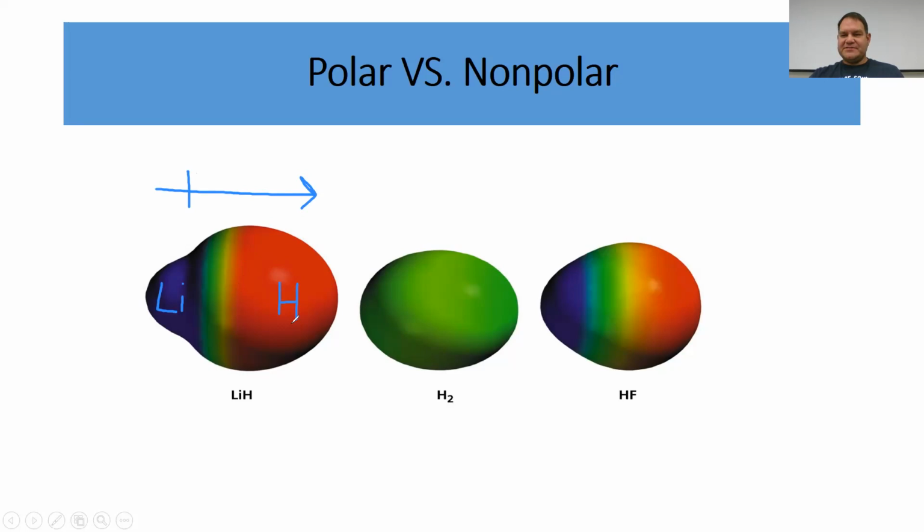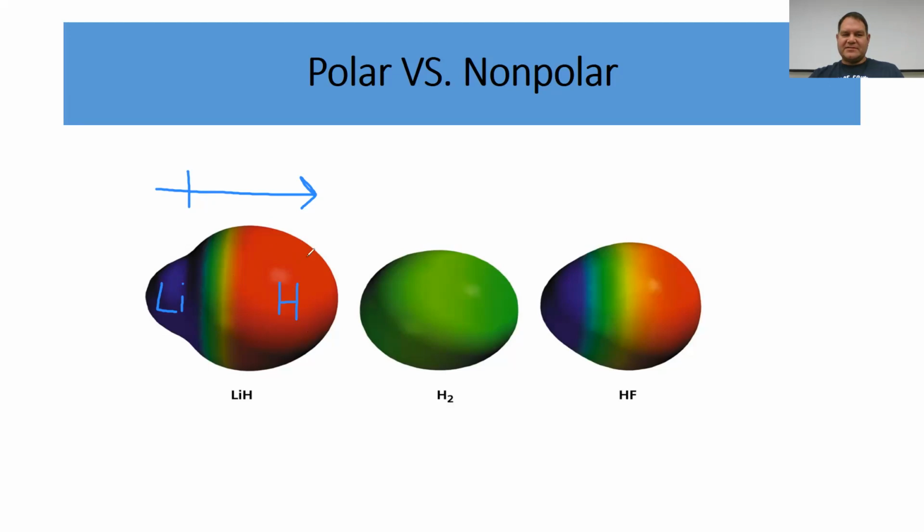Now the colors that you see do correspond to understanding the dipoles. Where it's really red, the redder it is, the larger the electron density is, and the larger the dipole or the partial negative charge or full negative charge occurs. Okay, where it's more blue is the lowest electron density, and then green and yellow is kind of in between.